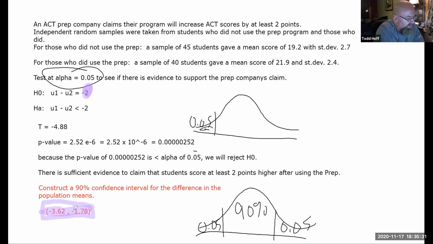So something here went wrong in the translation, I'm guessing it's the translation because this is a one-tailed test, that it didn't translate perfectly into a confidence interval, which happens. If it's a two-tailed test, this will always be the exact same conclusion.